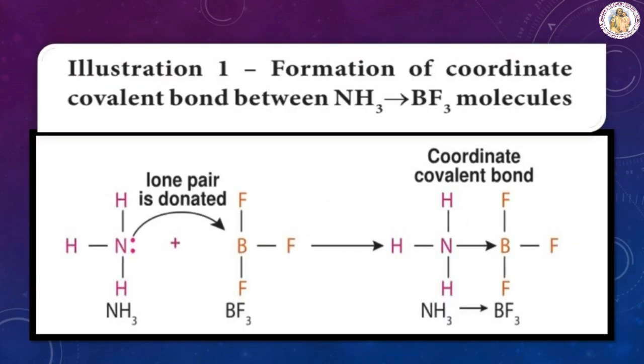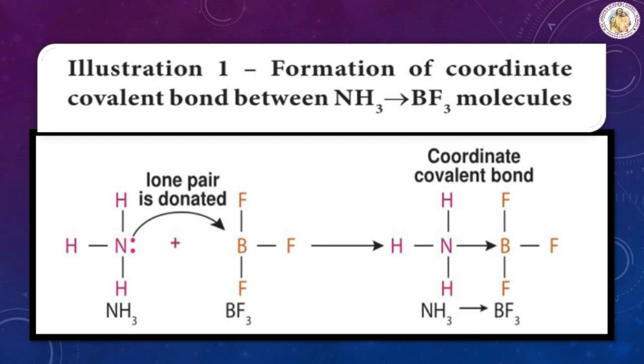Next is the coordinate covalent bond between ammonia molecule NH3 and boron trifluoride molecule. Here the molecule of ammonia NH3 gives a lone pair of electrons to boron trifluoride BF3 molecule, which is electron deficient. Thus a coordinate covalent bond is formed between NH3, the donor molecule, and BF3, the acceptor molecule.